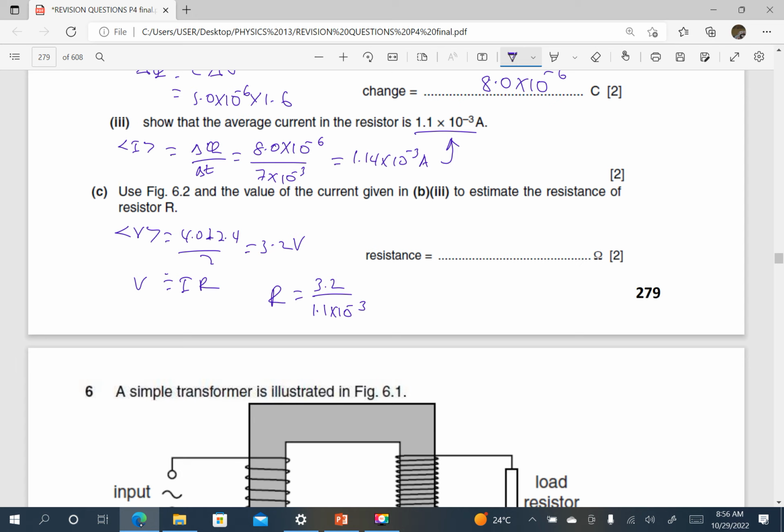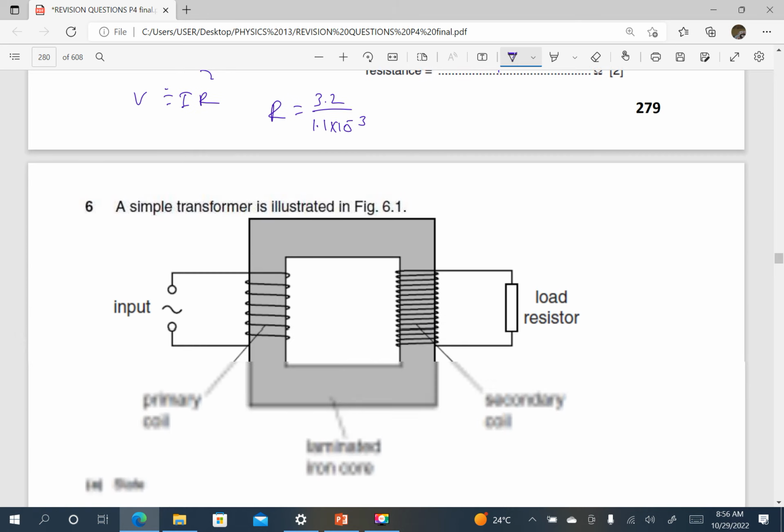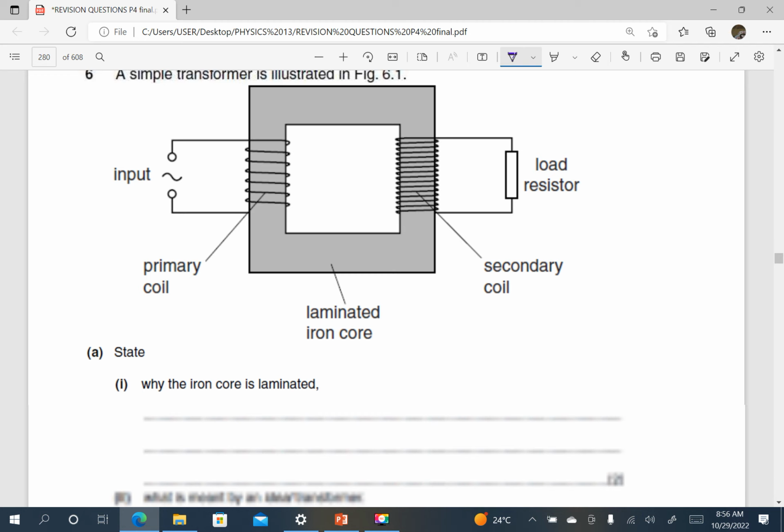I press my calculator. So this is, to two significant figures, 2,900 ohms. Okay, next.